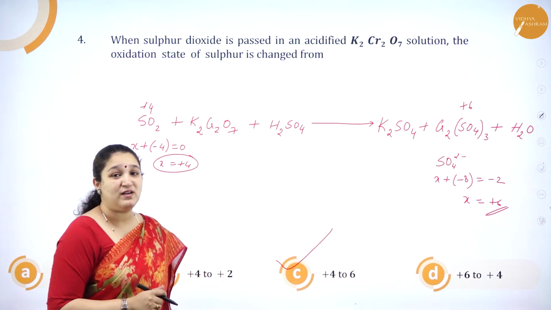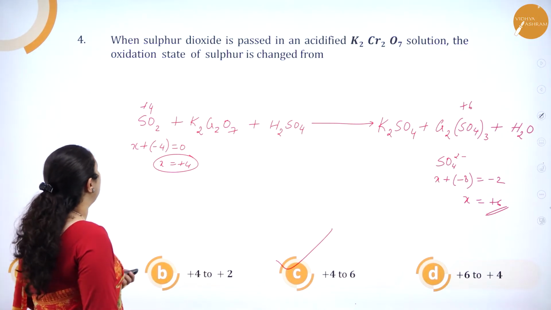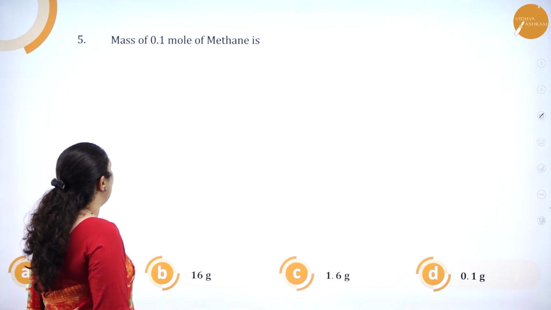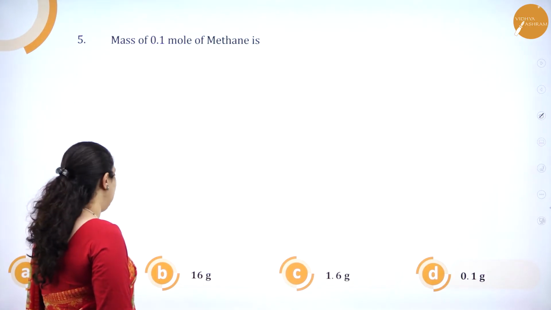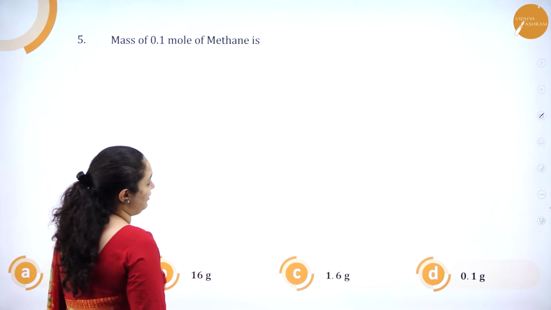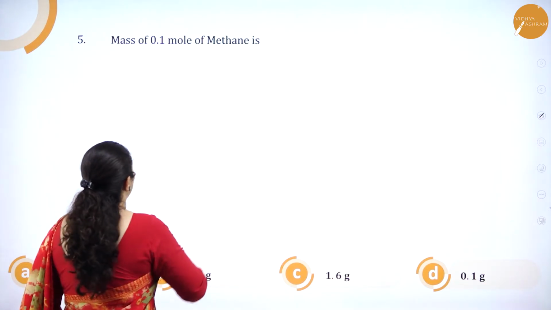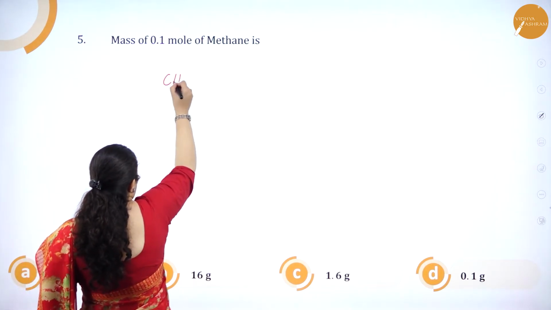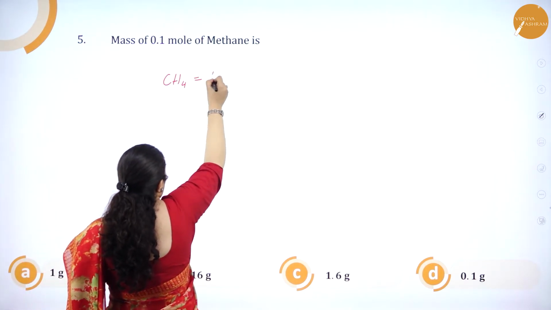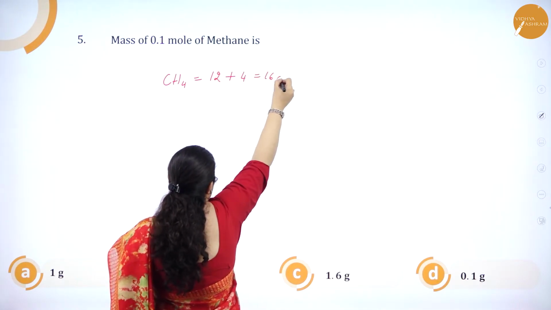So I hope you have understood this particular problem. Next we will go into the fifth one. Mass of 0.1 mole of methane is 1 gram, 16 grams, 1.6 grams or 0.1 grams. Again, it's a very simple question on mole concept. So, methane is CH4 and the molar mass is 16 grams.